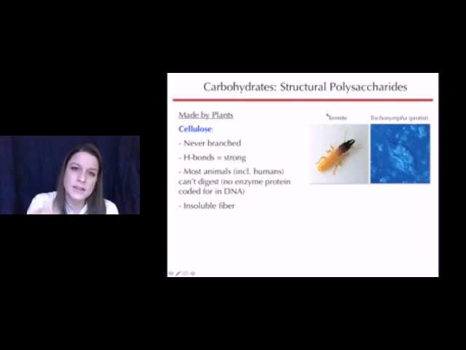Because in order to get energy out of a polysaccharide, you have to break it into its monosaccharides first. That's how it gets fed into the system. Cows and deer, we call them ruminants, are also going to have bacteria or protists in their guts that help digest the cellulose and then can give it to the ruminant to eat or use for energy.